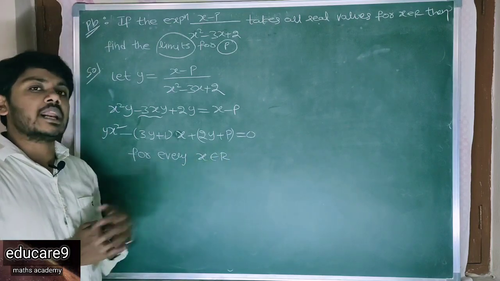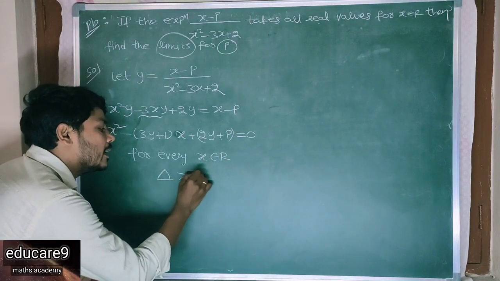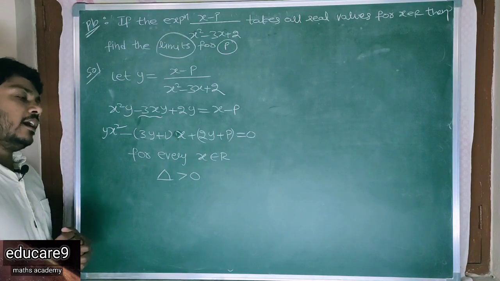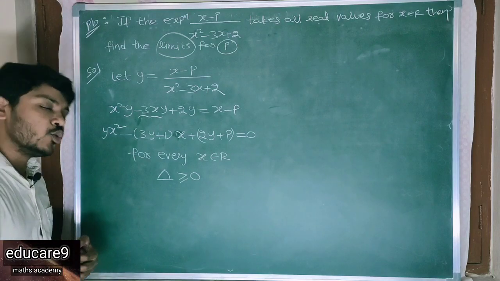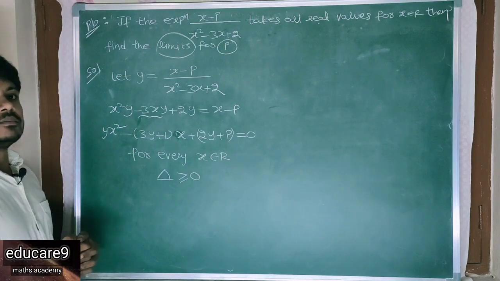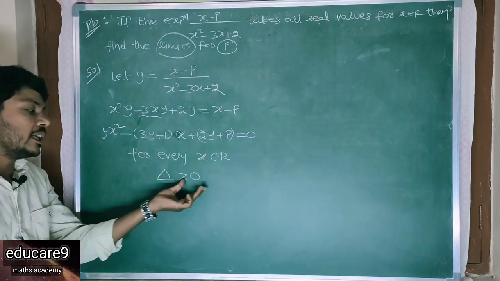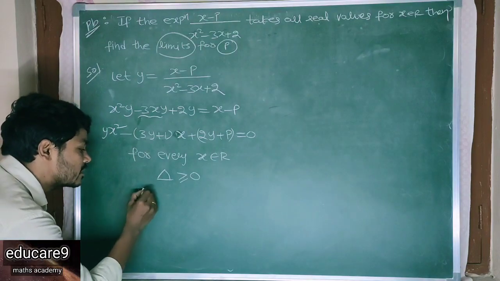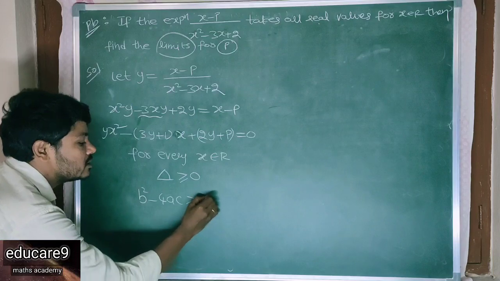Whenever the roots are real, if delta is greater than 0, in that case roots are real and distinct. And if delta is equal to 0, in that case roots are real and equal. So clearly, if roots are real, delta is greater than or equal to 0. That is b square minus 4ac is greater than or equal to 0.